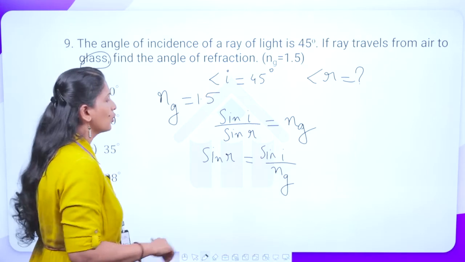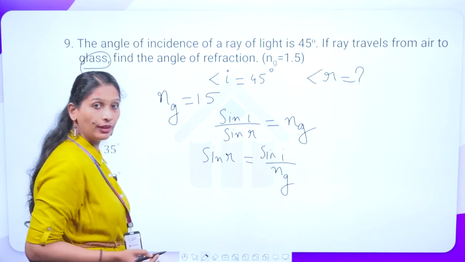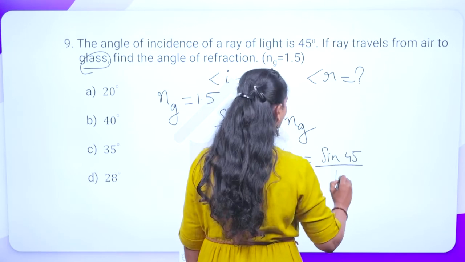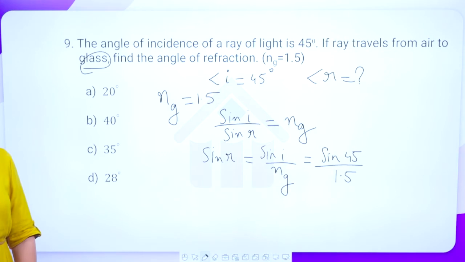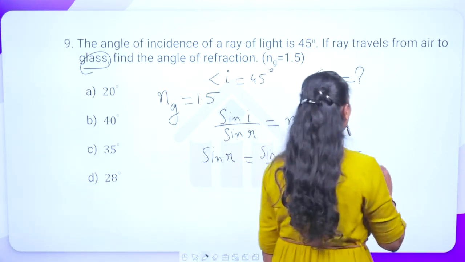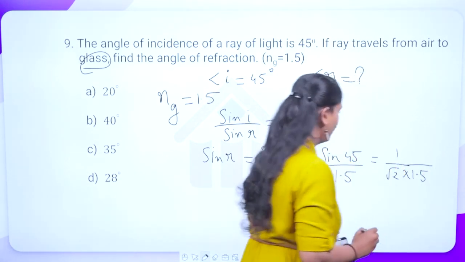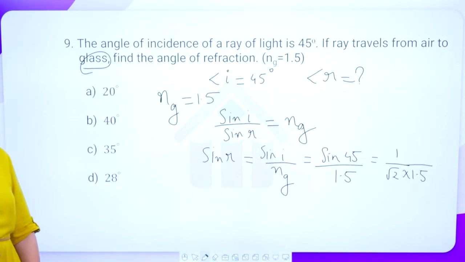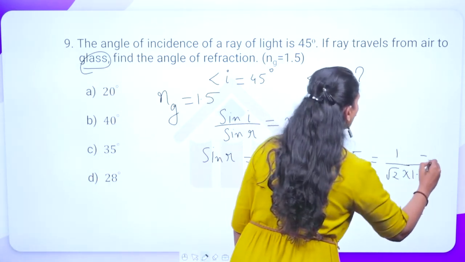So you already have the value of I as 45 degree and Ng to be 1.5, right? So this is sine 45 divided by 1.5. The value of sine 45 will be what? It will be 1 by root 2. So substituting that, this will be 1 by root 2 into 1.5. Clear? And on simplification, you will get something around 0.471.